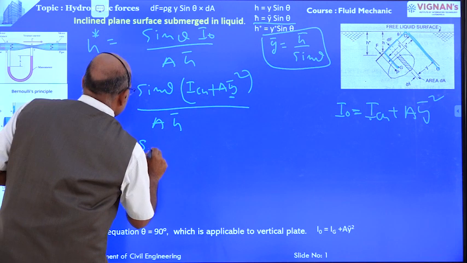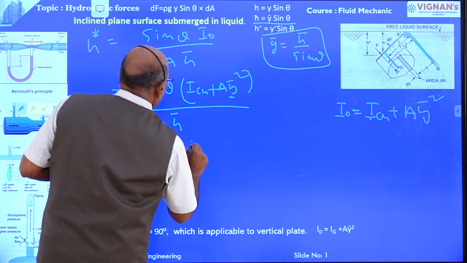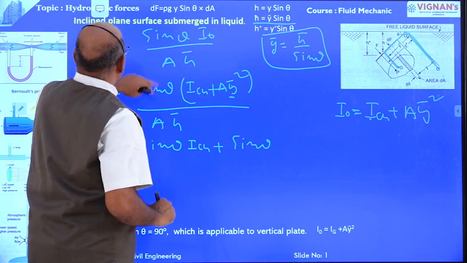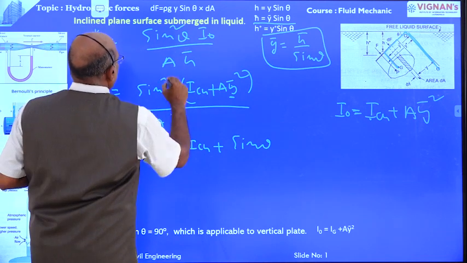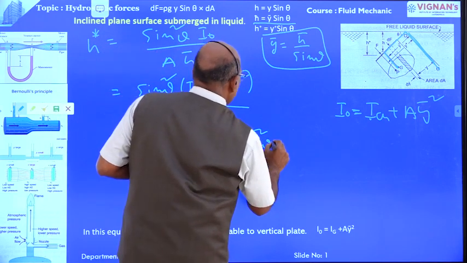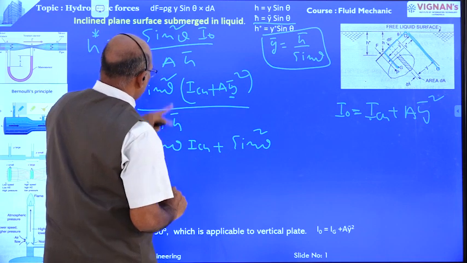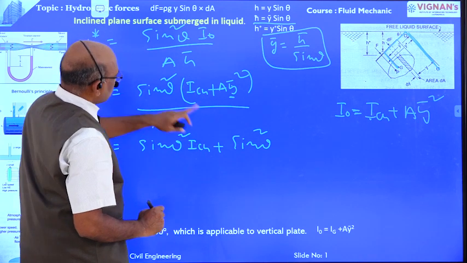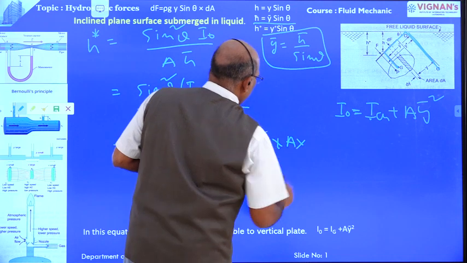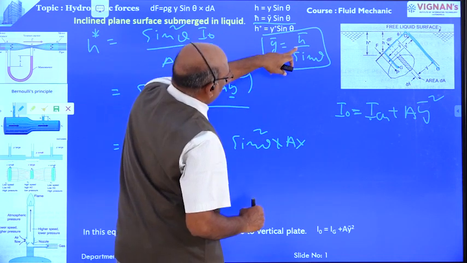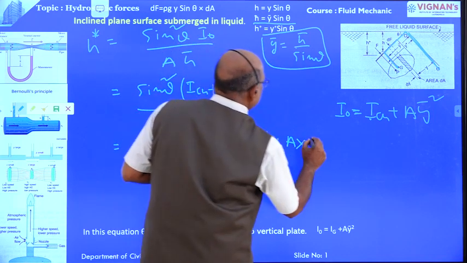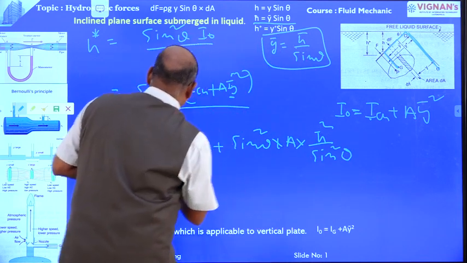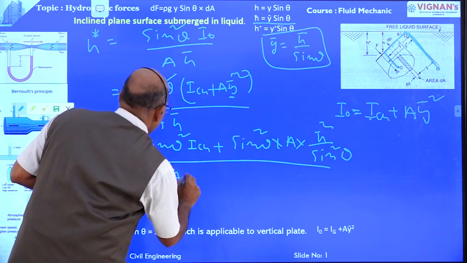This gives sine square theta into ICG plus sine square theta into A into h bar square divided by sine square theta, all divided by A h bar.